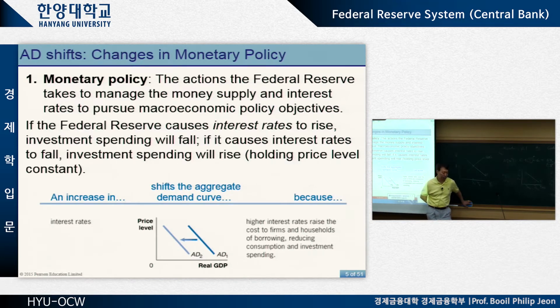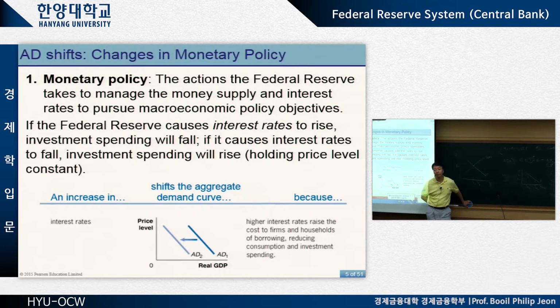In other words, all the resources are employed, fully employed, right? But remember, full employment doesn't mean 0% unemployment rate, right? It means 0% cyclical unemployment. There is no cyclical unemployment, right? But there are still the frictional and structural unemployment, right?